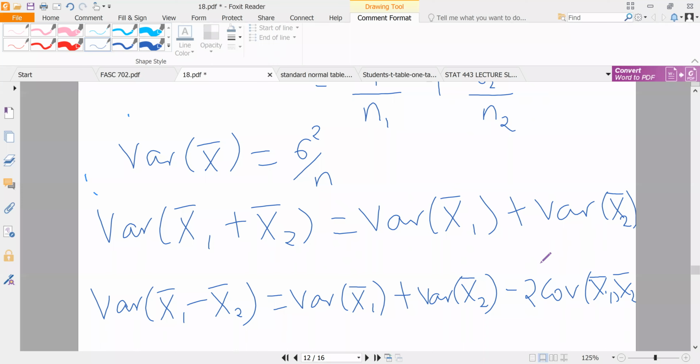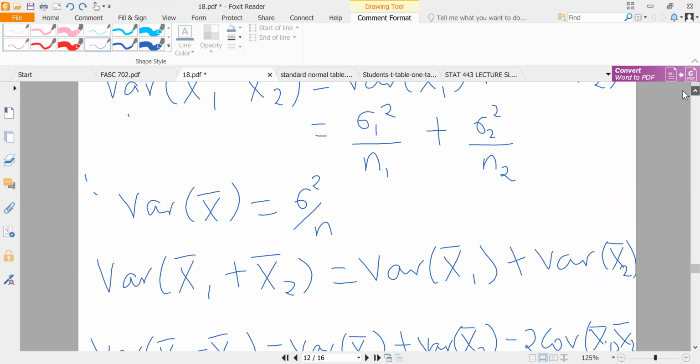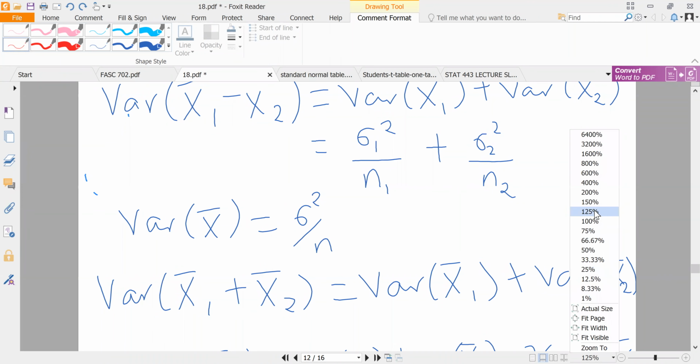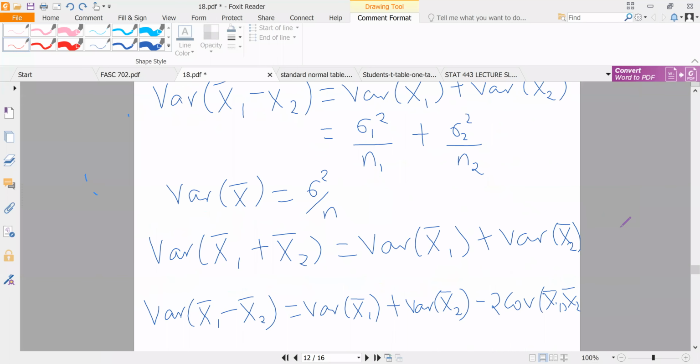But because we are having zero interaction between x bar 1 and x bar 2, the whole of this quantity is equal to 0, which implies that that particular expression reduces to what we have up here. It's because of zero interaction between x1 and x2.